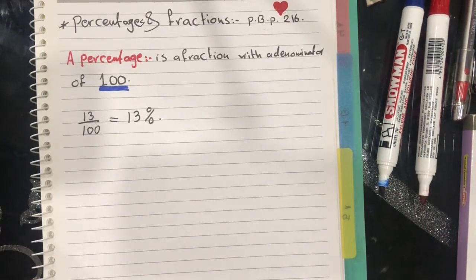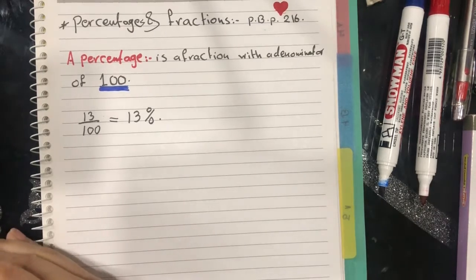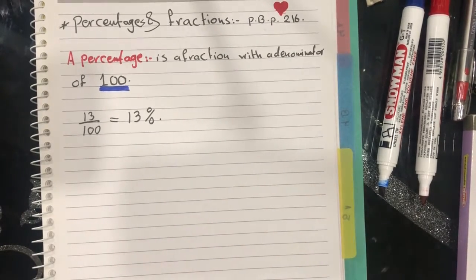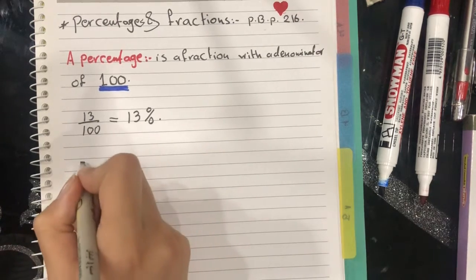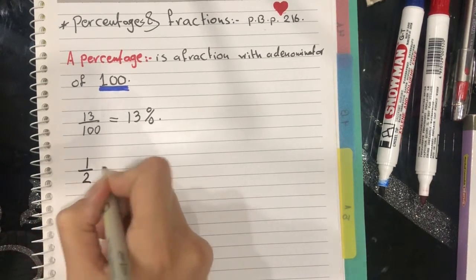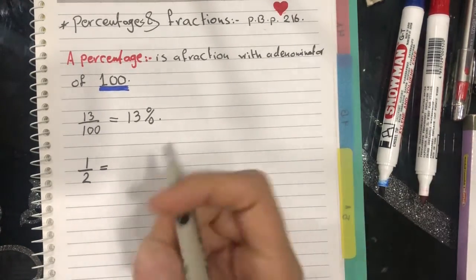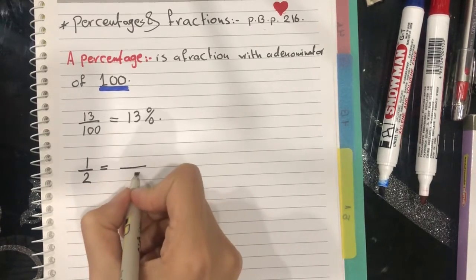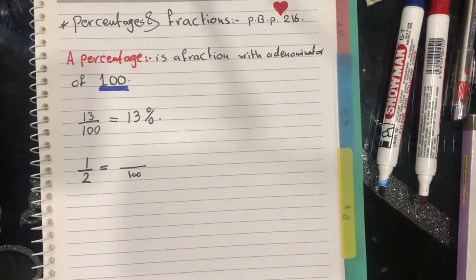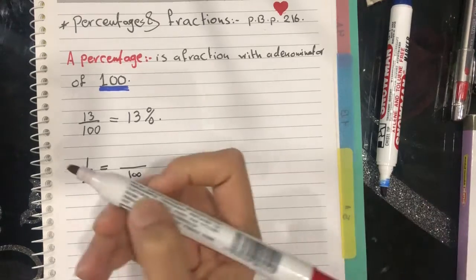Now the denominator always has to be 100. Now what if it's not 100? You need to convert it. So if I ask you to express 1 out of 2 as a percentage, the 2 here is not a 100. You need to convert it to 100 with either multiplying or dividing.